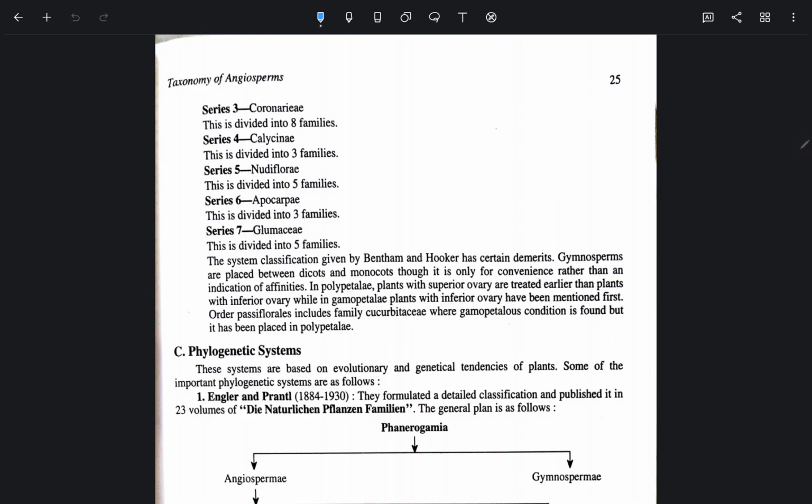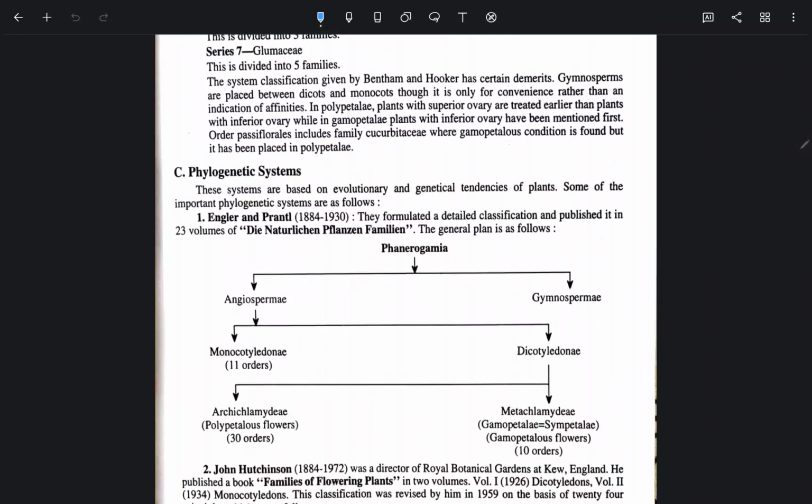In polypetalae, plants with superior ovary are treated earlier than plants with inferior ovary, while in gamopetalae, plants with inferior ovary have been mentioned first. Order Passiflorales includes family Cucurbitaceae, where the gamopetalous condition is found, but it has been placed in polypetalae.